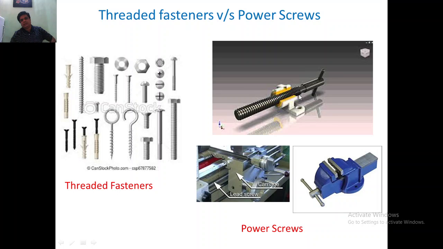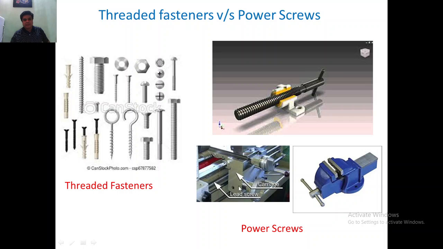Here you can see one example that all of you know: the screw jack. The automobile screw jack is a best example of power screws. Similarly, we have the bench vice or machine vice, where the threaded pattern is used in the element for the movement of the clamps.